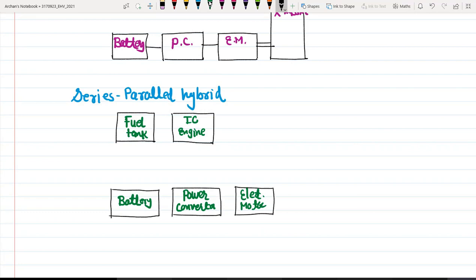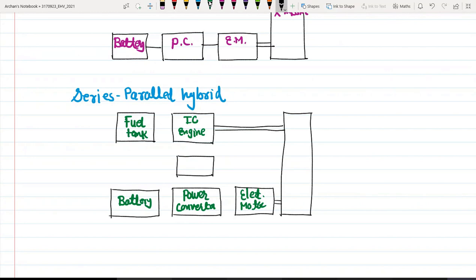Now here our transmission system will be there, and this particular configuration is series parallel hybrid. So parallelly also they will be connected like this. This is my parallel hybrid electric vehicle, and if I talk about series hybrid electric vehicle, then we will require one generator over here, and this is series combination.